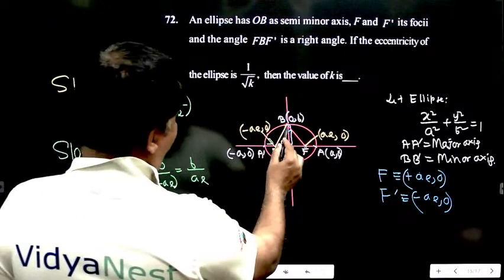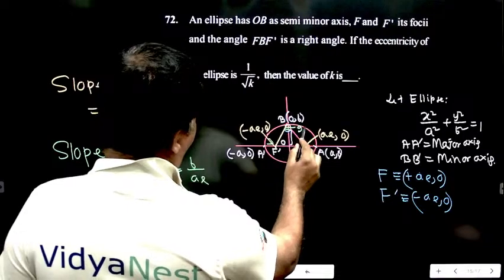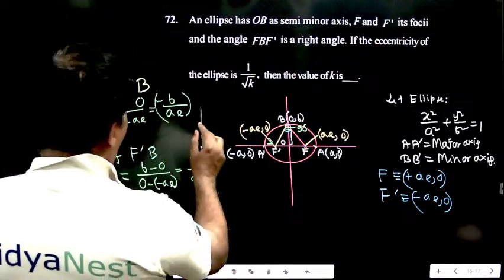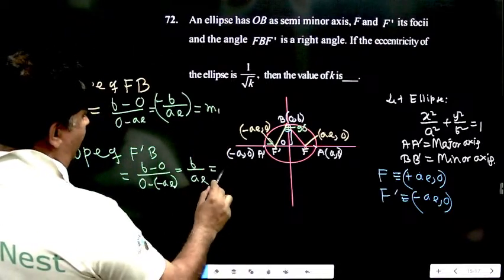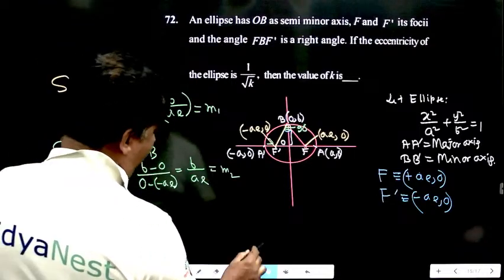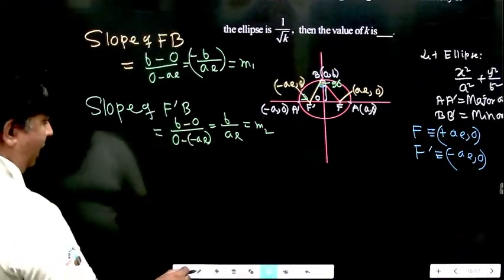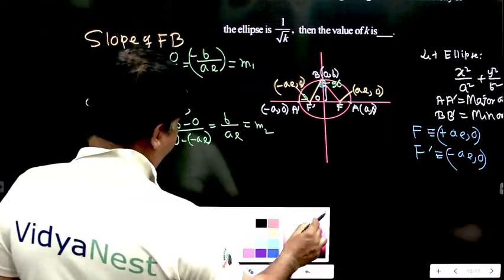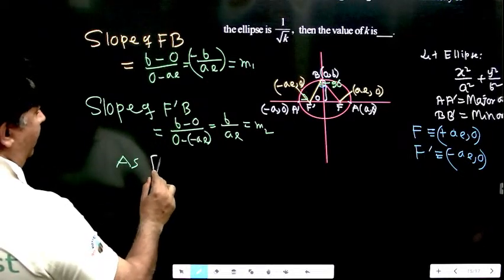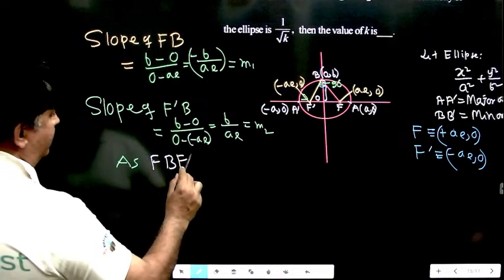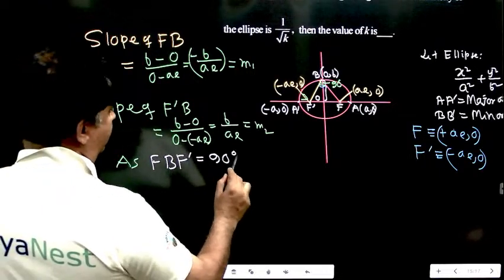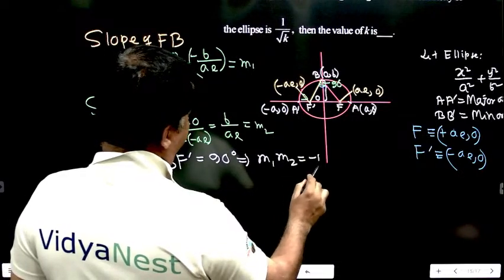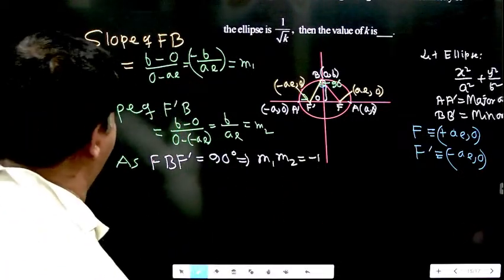Now, this angle is 90 degree, given. That means if you consider these slopes as M1 and M2, you can write that since FB and F dash B are perpendicular, M1 M2 is minus 1.